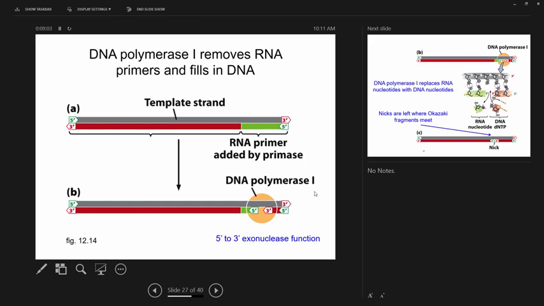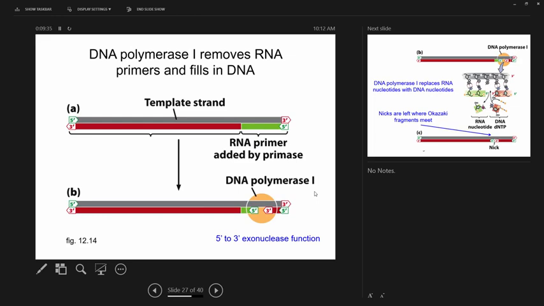It has to remove nucleotides 5' to 3', so this way. So DNA polymerase I can chew off those RNA bases one at a time, breaks the phosphodiester bonds, and then each nucleotide, the hydrogen bonds won't be able to hold it on, and it falls off. It also has a DNA polymerase function, 5' to 3' polymerase.